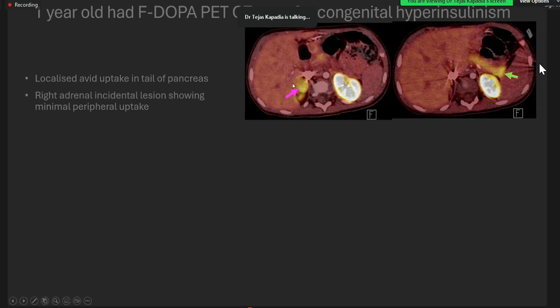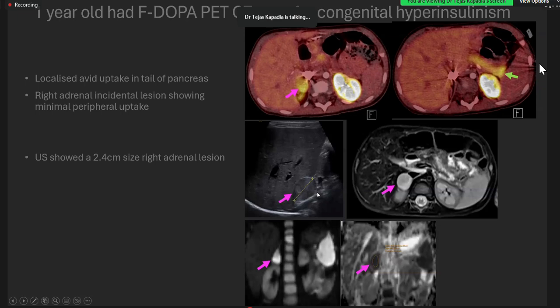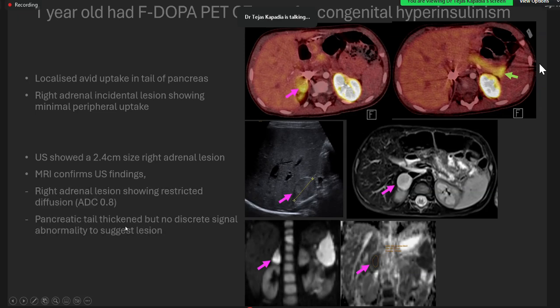This is just to show you the activity of F-DOPA that picked up an incidentally diagnosed lesion in the right suprarenal region. We did further assessment on ultrasound and MR, where it showed restricted diffusion, and the lesion was then excised, with an overall good outcome for this patient.